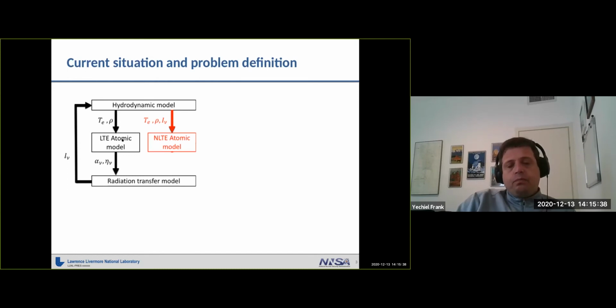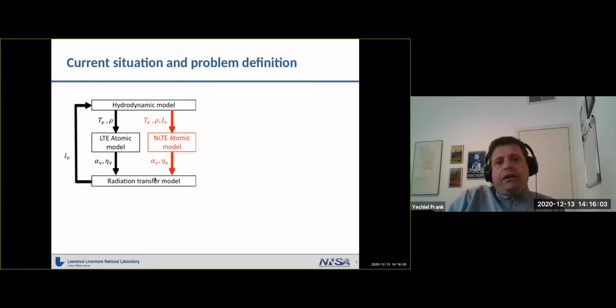The hydrodynamic model would give the atomic model the temperature, the density, but also the radiative flux that goes from one place to the other. The atomic model needs all those conditions in order to get an accurate result for the opacity and emissivity to go into the radiation transfer model.